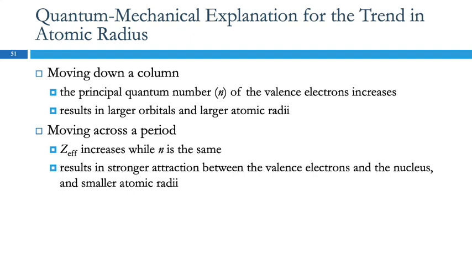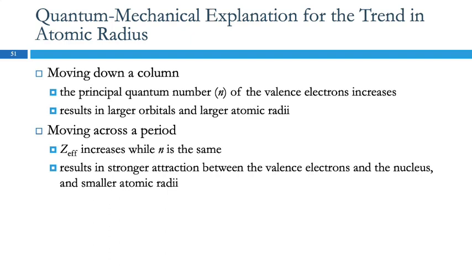So moving down a column, we see that the principal quantum number of the valence electrons is increasing, and so that gives us larger orbitals, larger atomic radii. Moving across a period, the effective nuclear charge is increasing while the principal quantum number is staying the same.